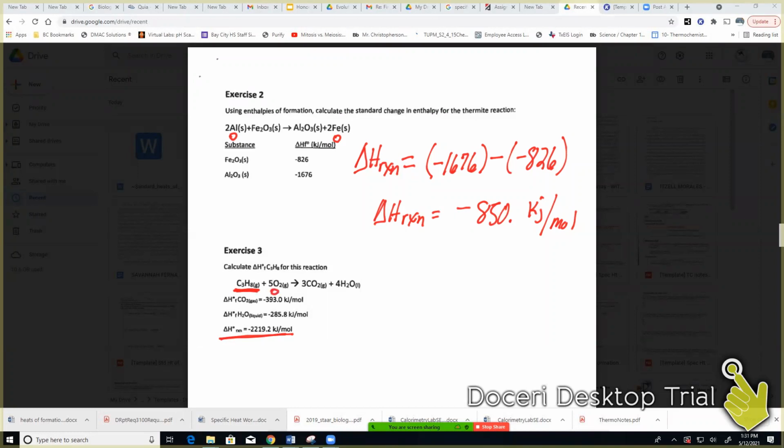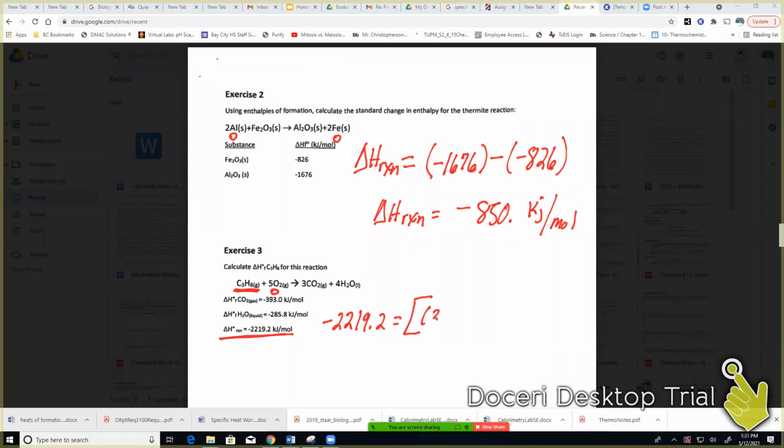We still have at least 1 0 there with our oxygen. So to set it up, you're going to do negative 2,219.2, because that's my delta H of reaction.